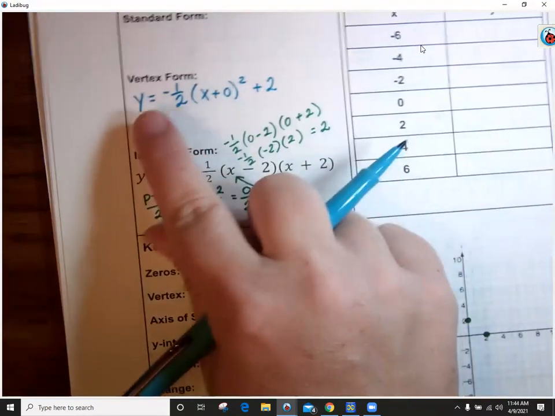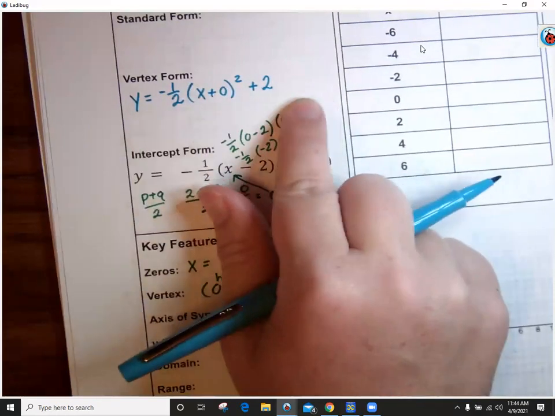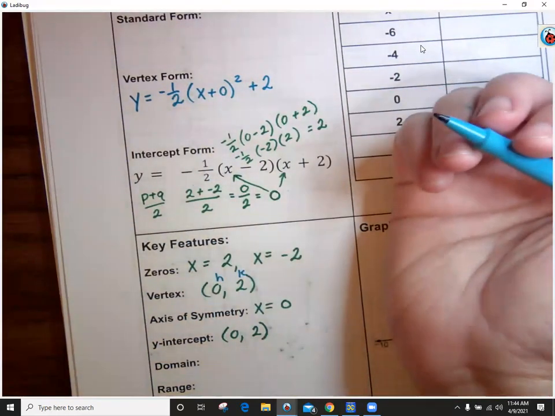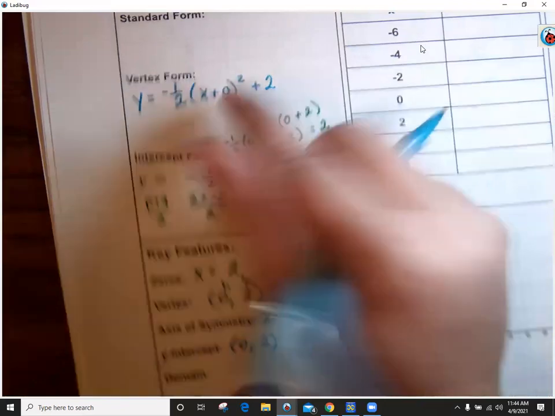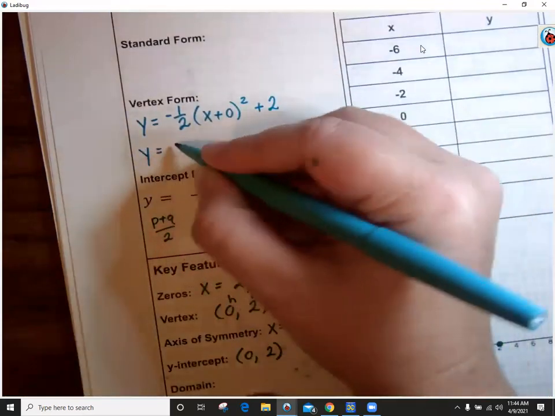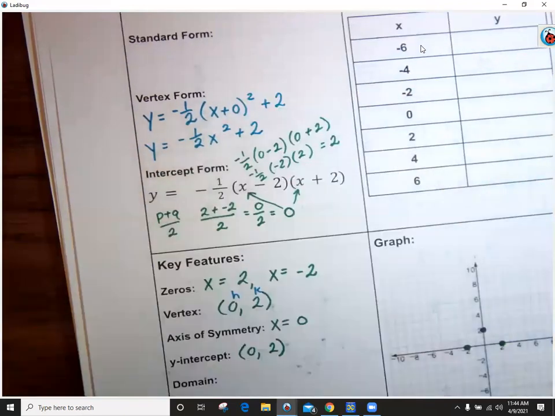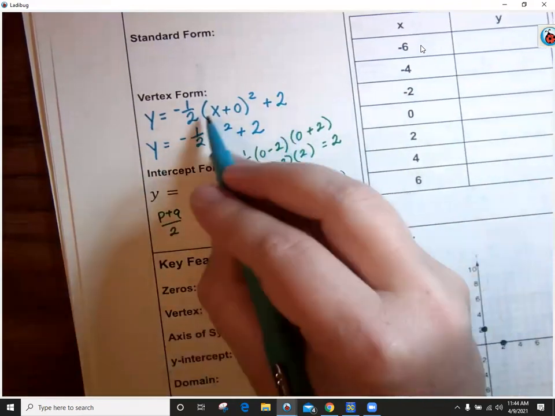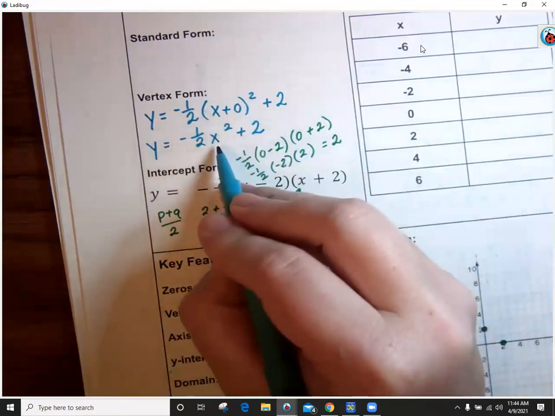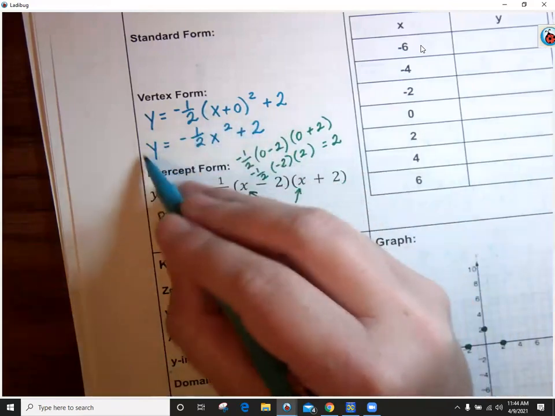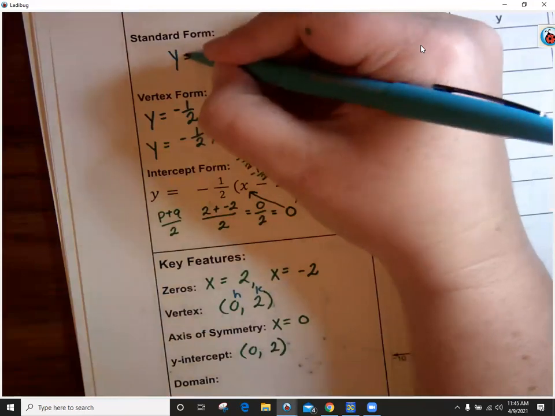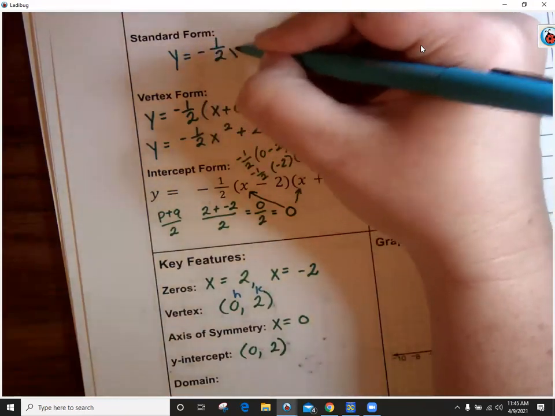Okay, so technically this is what your vertex form would look like. If you wanted to simplify it, you could simplify that 0 out of there. When you simplify the 0 out, it would look like that, because x plus 0 is just x. And when you get it to this form, that's actually your standard form.